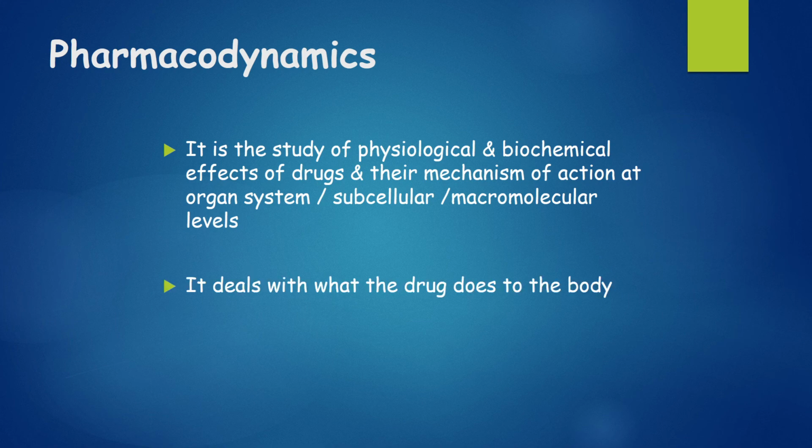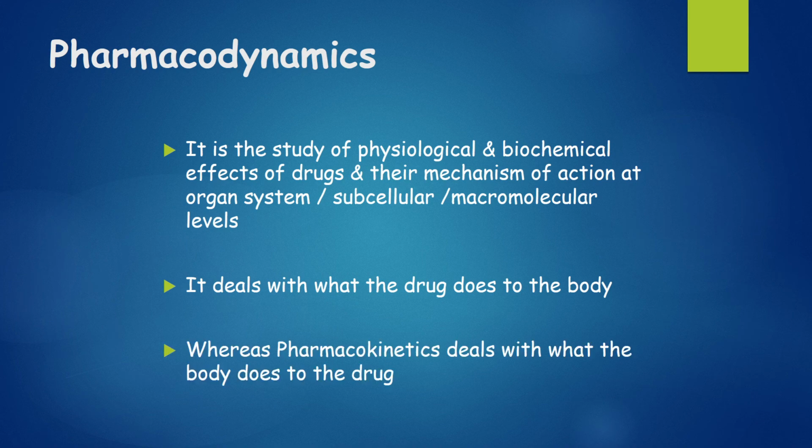Pharmacodynamics deals with what the drug does to the body, whereas pharmacokinetics deals with what the body does to the drug. In the previous 4 classes of pharmacokinetics we have already seen what those things are.